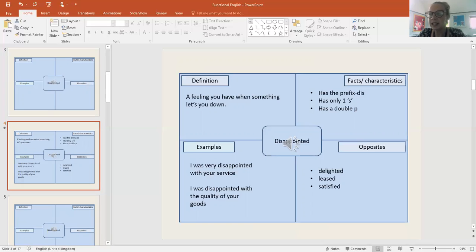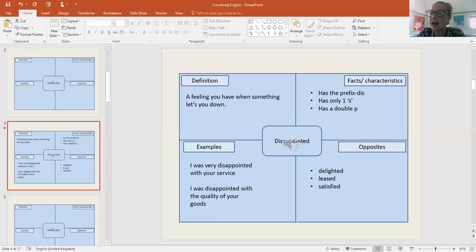Now, for the facts and characteristics little window here, these are things that I've used that I personally find helpful when I am trying to remember how to spell words. So I put for the word disappointing, it has the prefix dis. That's the little bit that goes in front of the word.